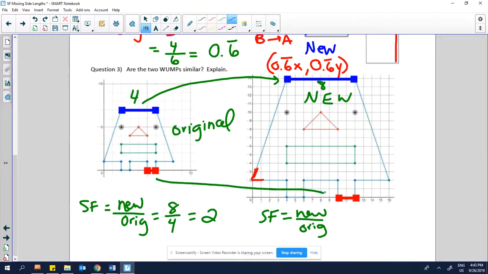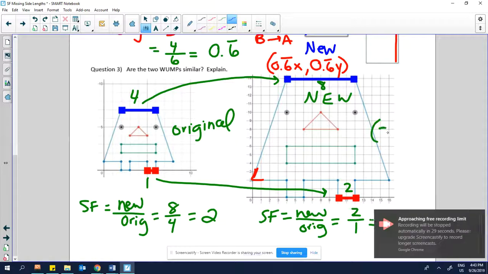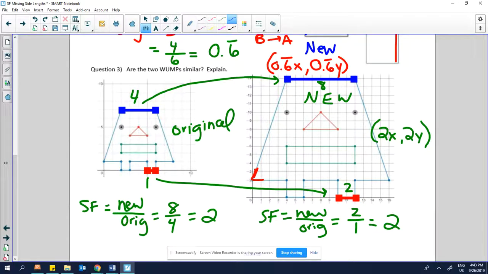Oh, it was 2 for the new, and I started out as 1. 2 divided by 1 still gives me 2. All right, so my scale factor is 2 for everything. It's getting double the size. He got twice as wide, and he got twice as tall. So your rule is 2x, 2y. And that is the end of the first side.